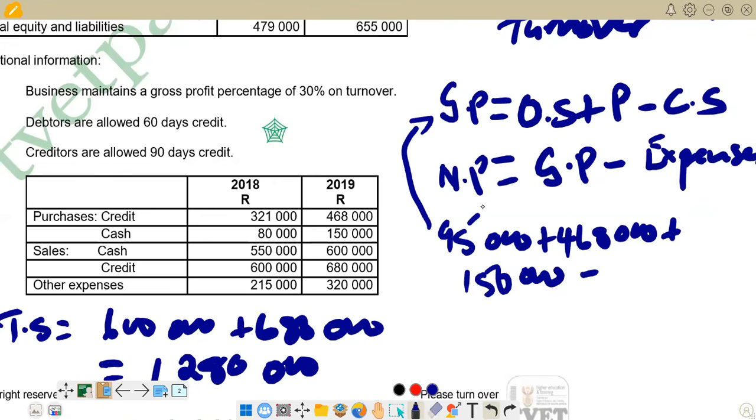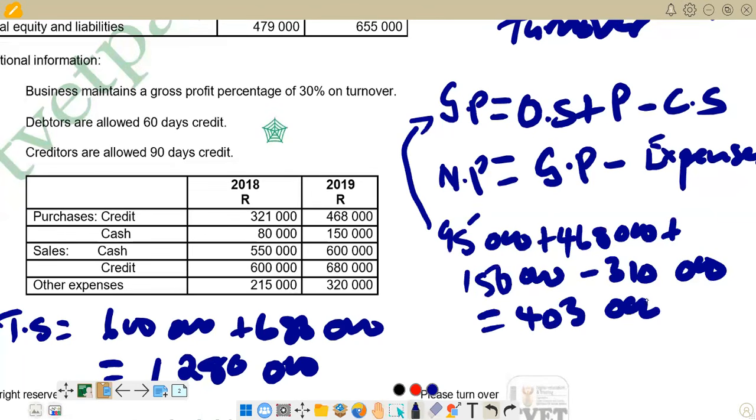Then we subtract our closing inventory. Remember, closing inventory is 310,000. Then we get our gross profit. If you calculate that correctly, let's try to calculate and see what we get. We get 403,000. That is the figure for gross profit.